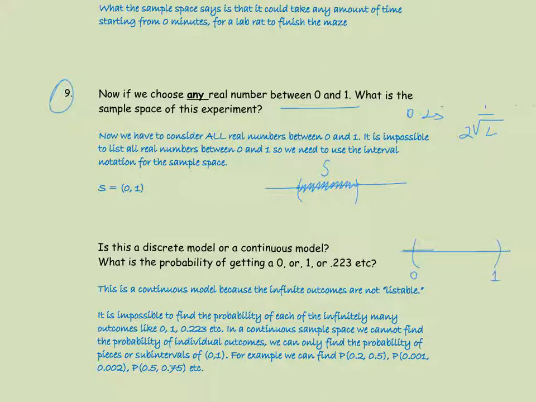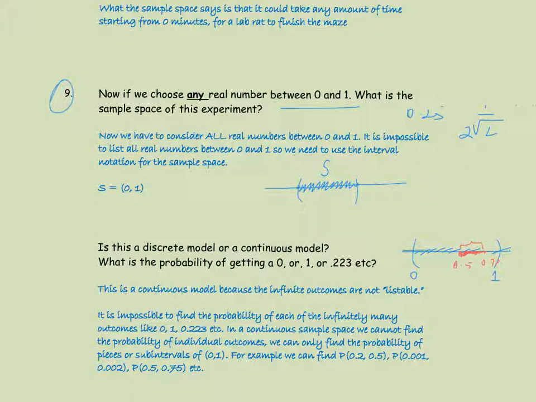So for example, 0 to 1 is our sample space, and we could, for example, say what is the probability of selecting a number between 0.5 and 0.75. So we're looking at a small piece of the entire sample space, which is from 0 to 1. So what is the probability of that happening?